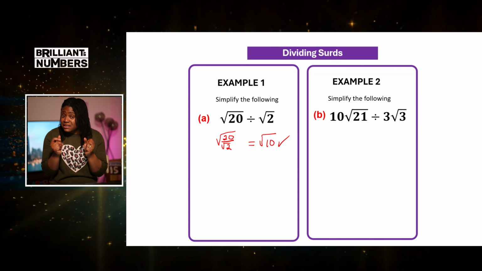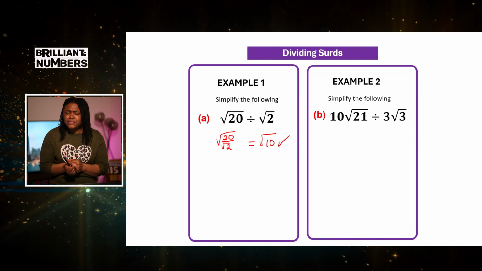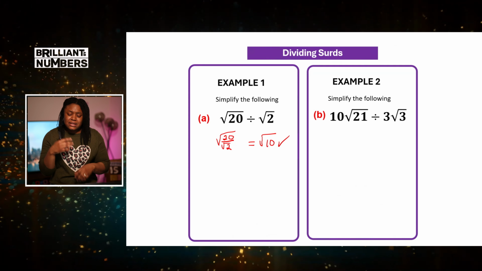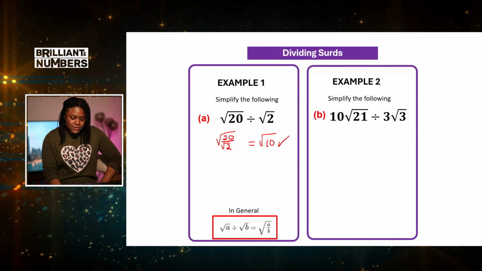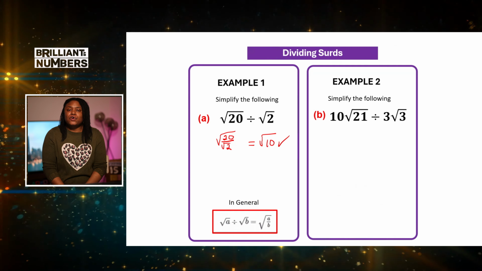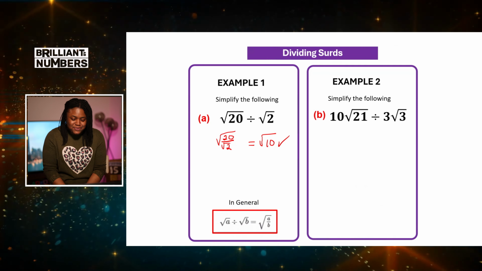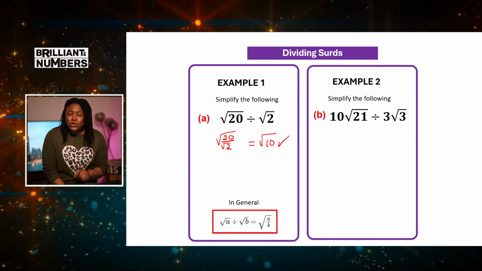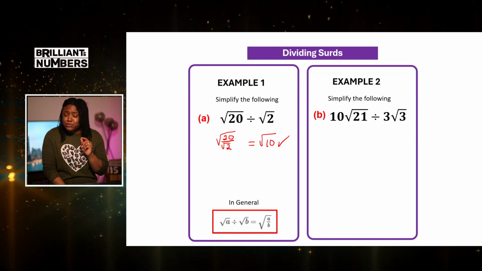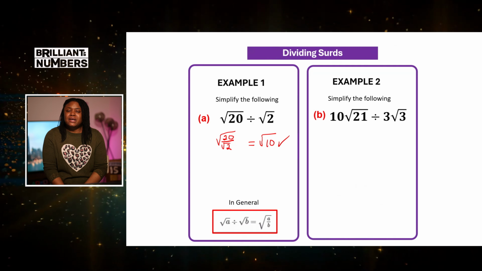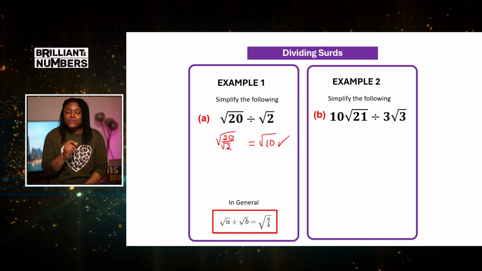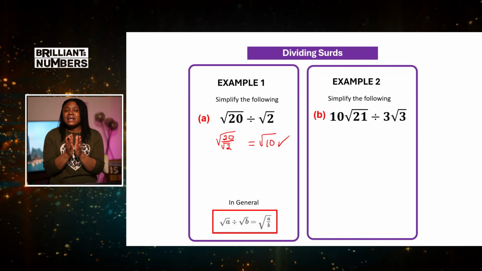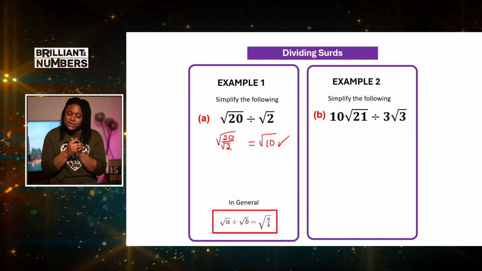And once that is solidified, we're going to go further into breaking them down into simplified versions. So again, we go for generalization. So in general, root A divided by root B will always be equal to root A over B, and we collect them in one root.